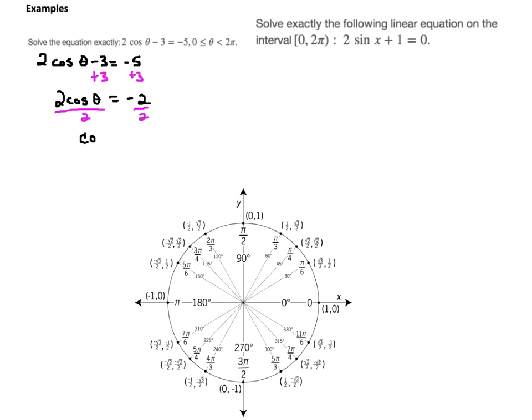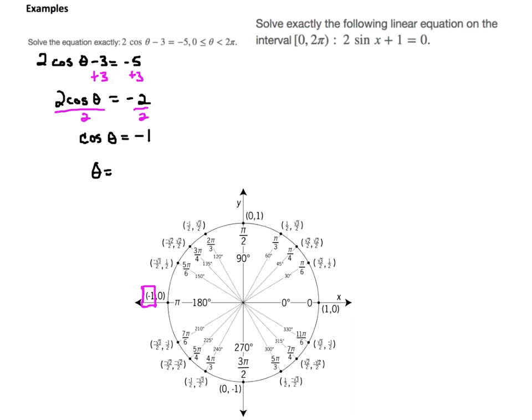What I'm trying to figure out is, when will the cosine of theta be equal to negative 1? Let's identify on our unit circle when that occurs. Cosine is the x-coordinate, and you can see right here at pi, the cosine is negative 1.